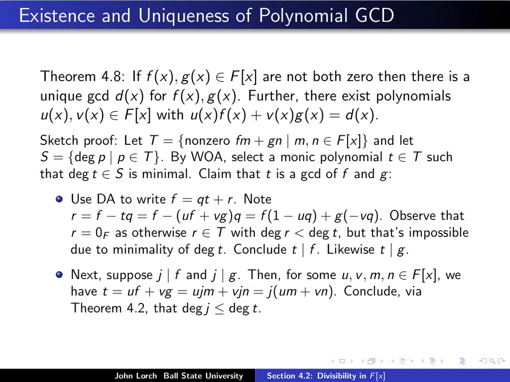Now, if that theorem rings familiar, it should, because there's a theorem in Chapter 1, I believe it was Theorem 1.2, for the integers that looked very similar to this, and it might be a good idea to go back in your book and have a look at that theorem to see how similar that theorem for the integers is to this theorem now for the polynomials.